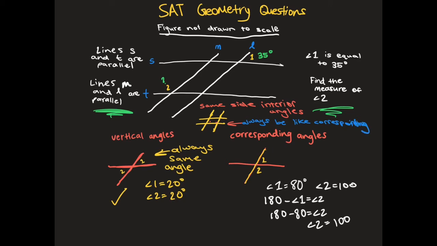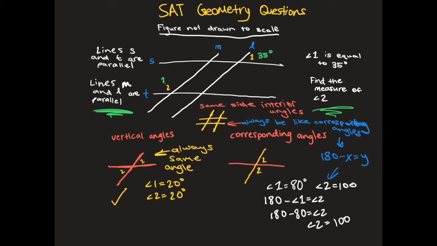What I mean by that is 180 minus, let's say, x is equal to y. It's just like 180 minus angle 1 equals angle 2. It's just like that.